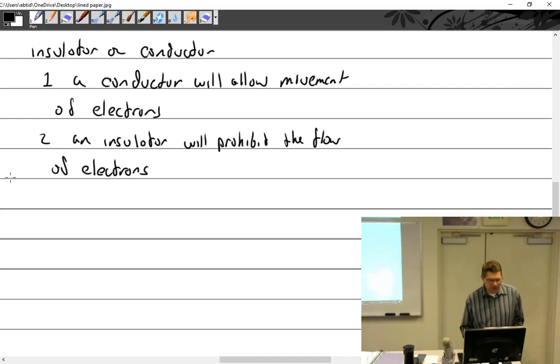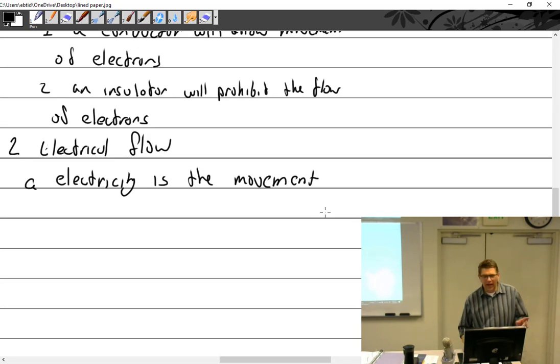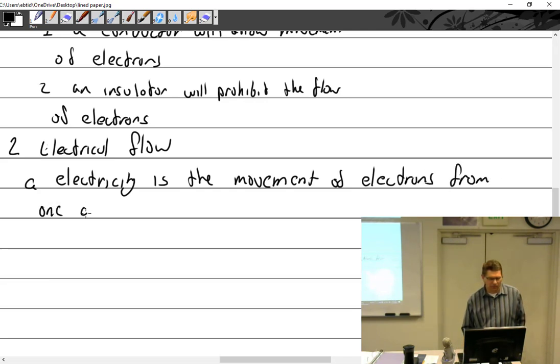So what is really electrical flow? So electricity then is the movement of electrons from one atom to the next.